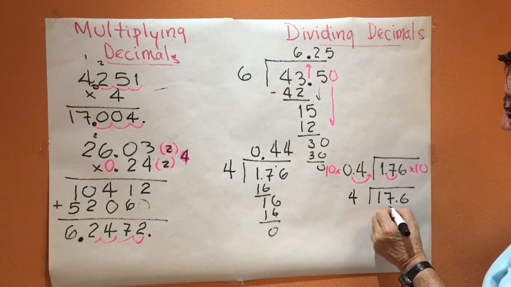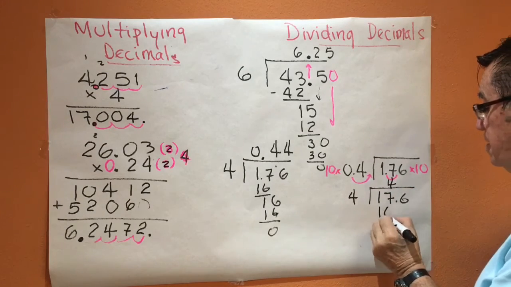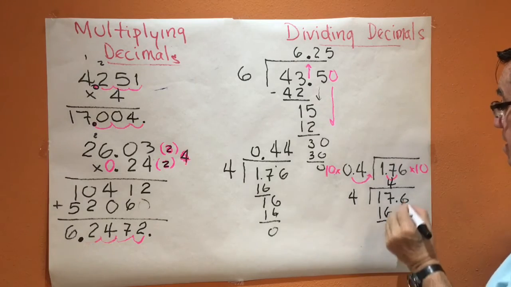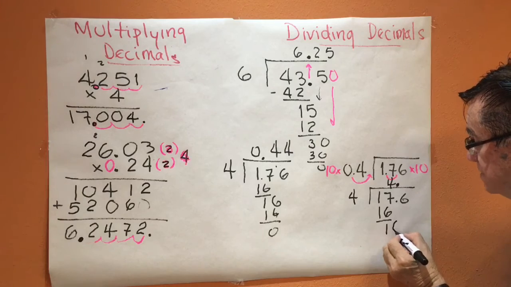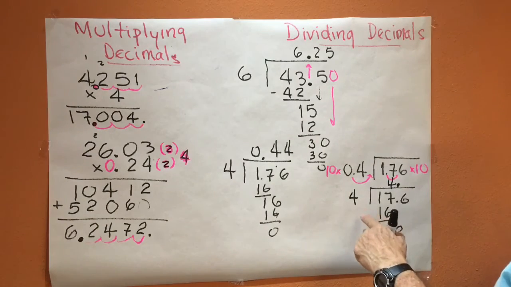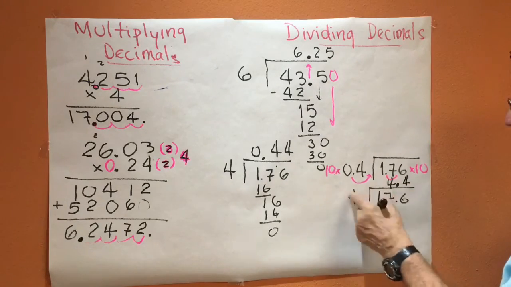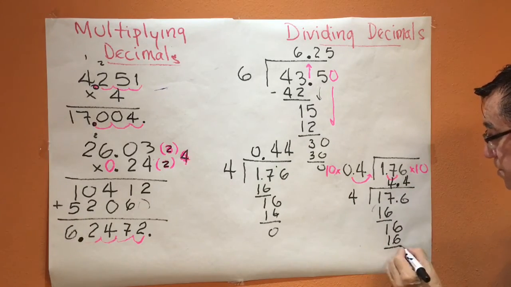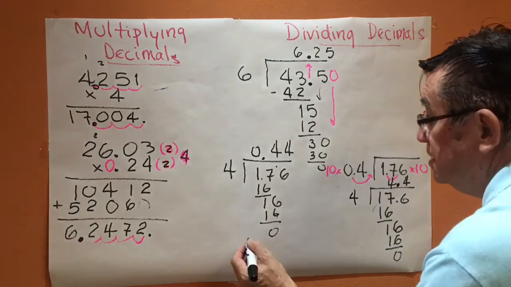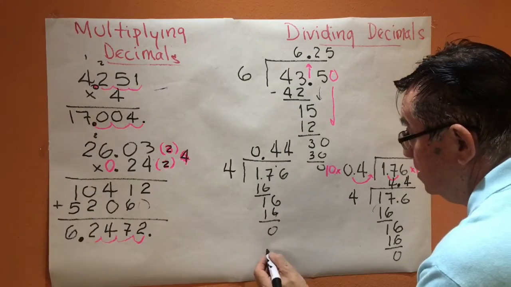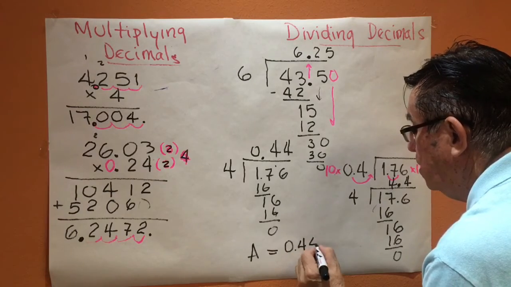4 that divides 17 is going to be 4. 4 times 4 is 16. Remainder is 1. I have to put my decimal point up here. I lower the 6. And I have to divide 16 by 4, which is going to be 4. 4 times 4 is 16. And the remainder is 0. As you can see, in these 2 cases, the answer here is 0.44.